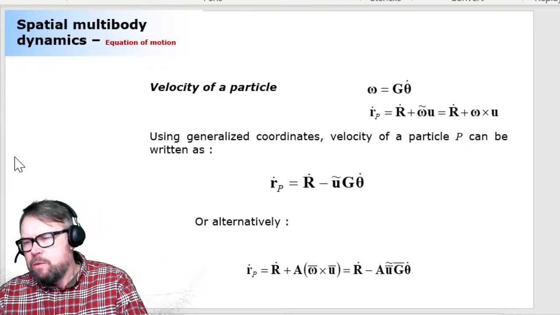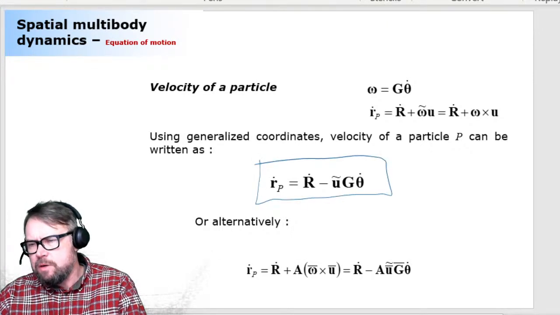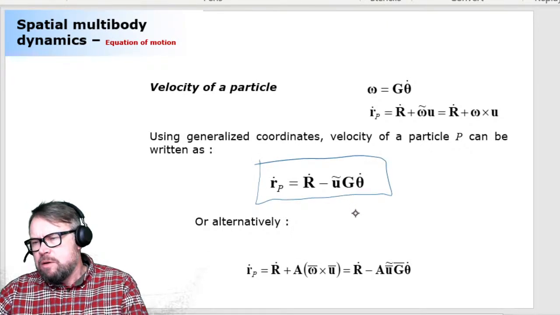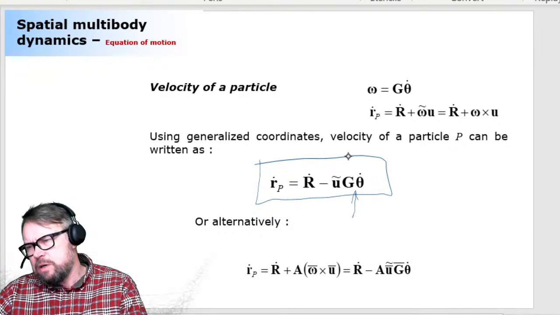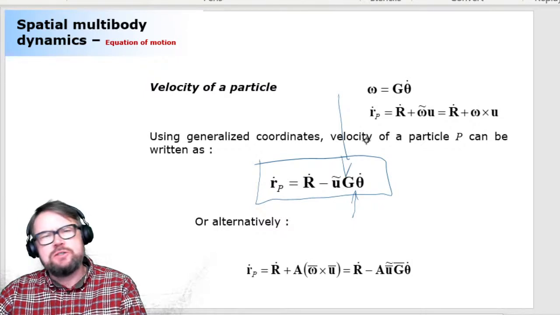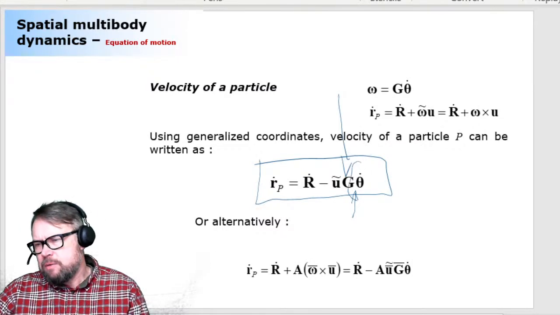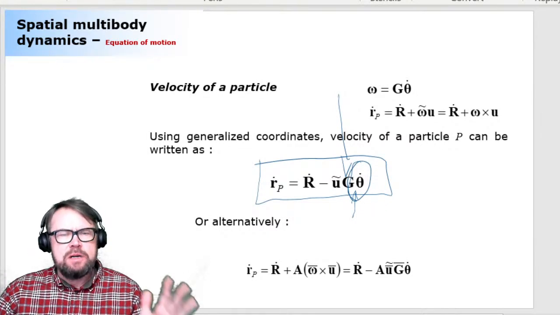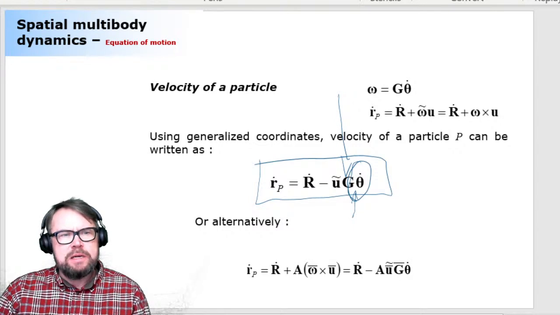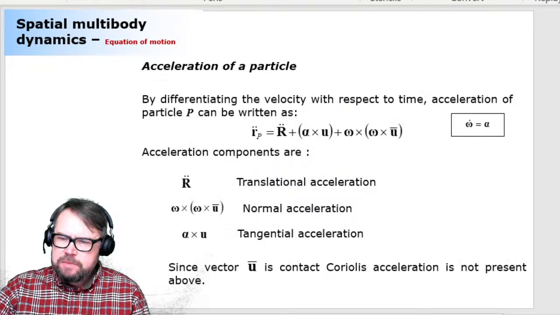When you're expressing your velocity, the only way you can express it explicitly in terms of generalized coordinates is with the help of matrix G. And matrix G depends on what kind of parameters you're using in this computation. So that's it. That's the end of the story. That's all I would like you to be aware of. Nothing else.